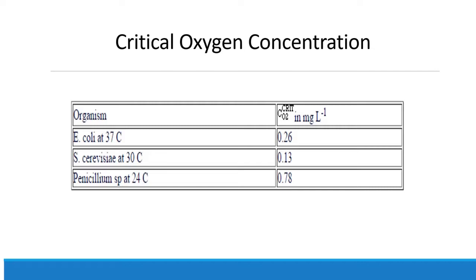The temperatures mentioned here, 37, 30 and 24, are the optimum temperatures that have to be met inside the reactor for regulating metabolic activities of the cell, and we can observe that the yeast requires a lower oxygen concentration than E. coli cells, whereas the Penicillium species requires more oxygen.